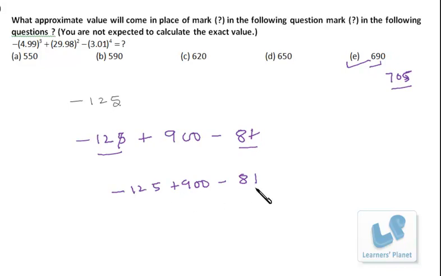So you have to go to the lower side. So you cannot choose 705, despite the fact that the actual answer is 700 and that is closer to 705. Your answer will be approximately 690 because you have reduced the negative calculations. Okay, so it will be 690, right?